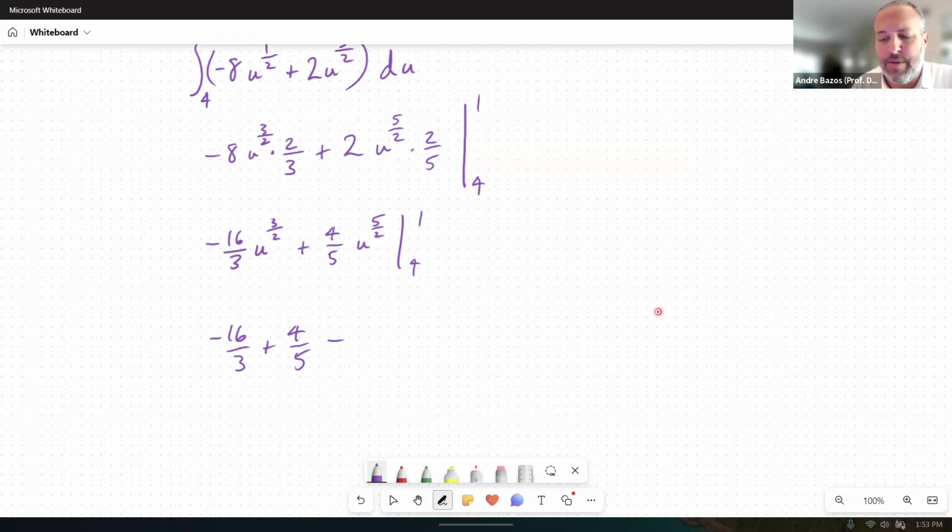All right, so now I'm going to do 4. So then I would subtract off negative 16/3 times 4 to the 3/2. The half power is the square root, so that's 2 to the 3rd power, which is 8. So 4 to the 3/2 power is 8. Plus 4/5 u to the 5/2 power, or 4 to the 5/2 power.